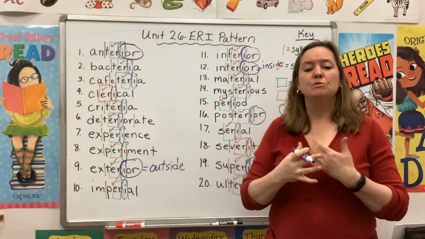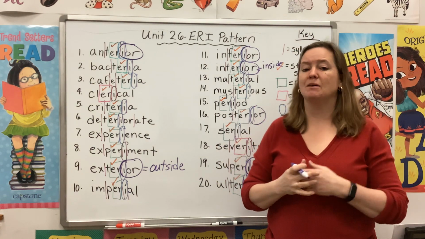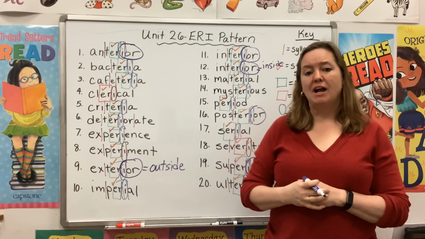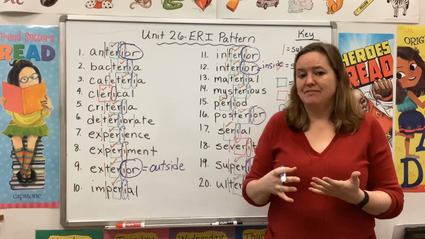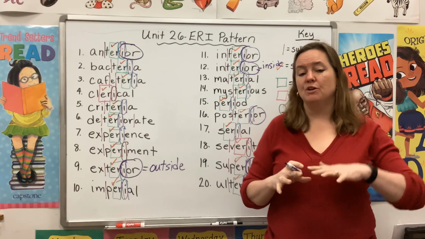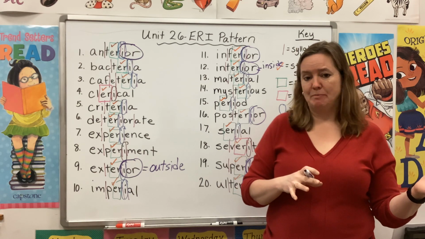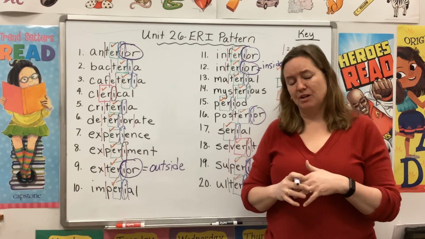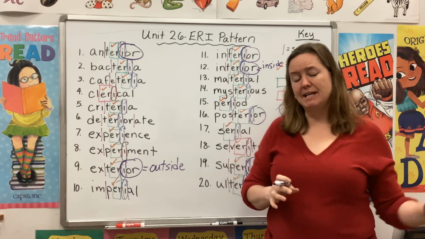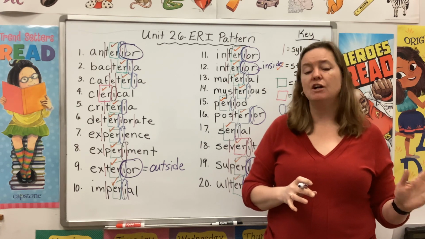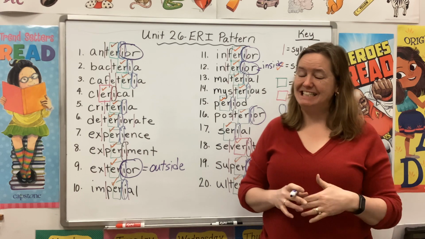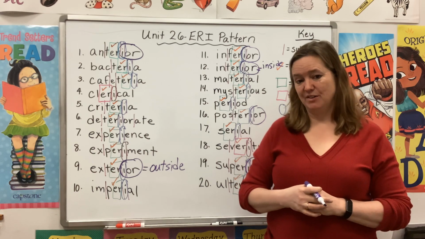So if you're going to hire someone to do some painting at your house, the first thing you have to tell them is whether you want your exterior walls painted or your interior walls. Do you want them to paint the outside of your house, the exterior, or the inside of your house, the interior?